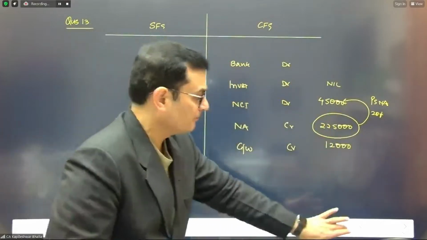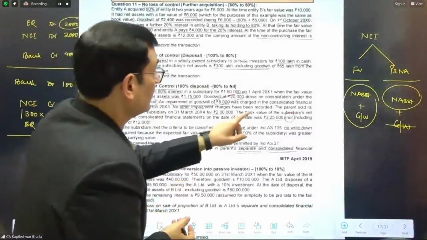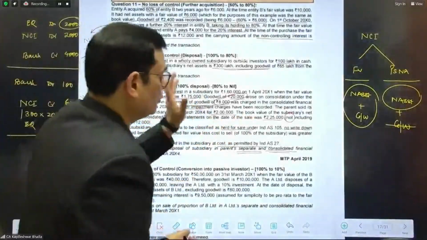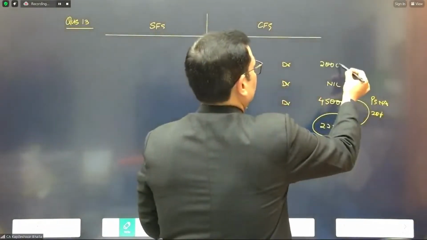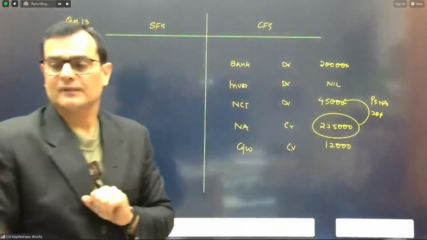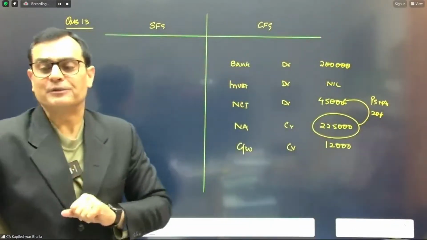Now let's see what is the money at which the investment is sold. The parent sold the investment for 2 lakh rupees. So we can record that this investment is sold at 2 lakh. Done. You can see how easy it'll become if you put this entry.